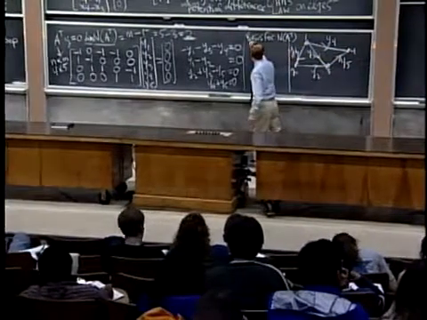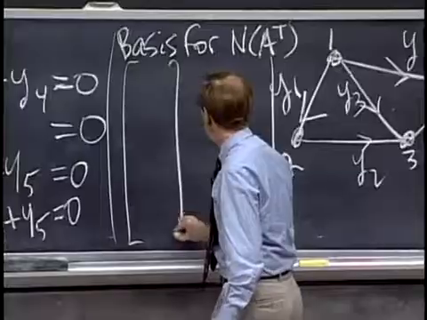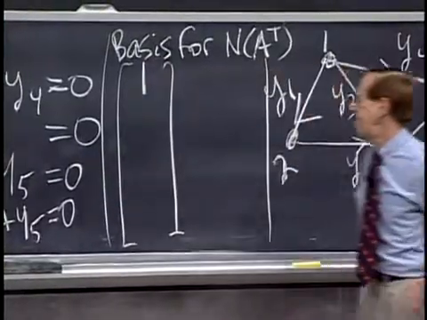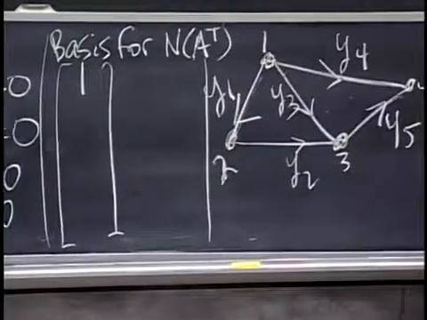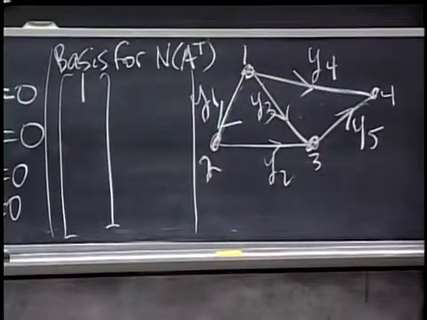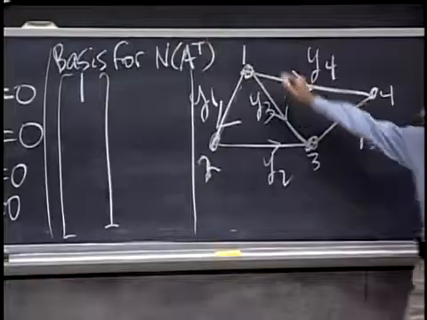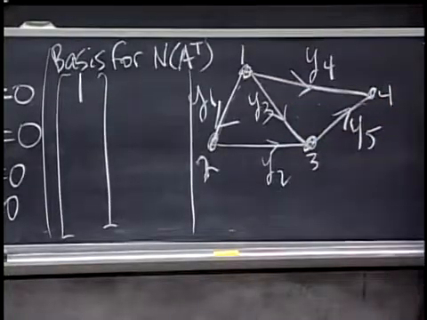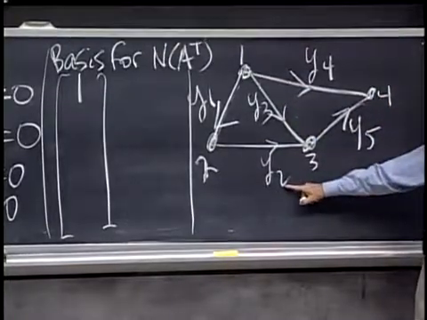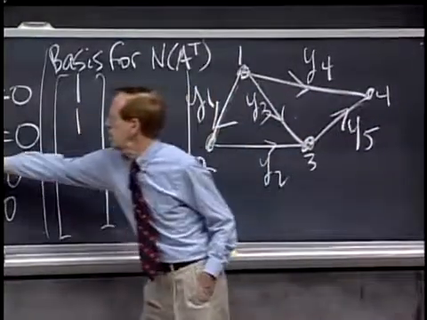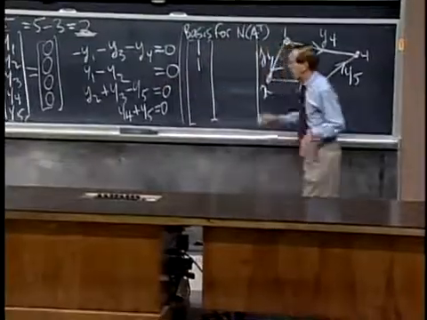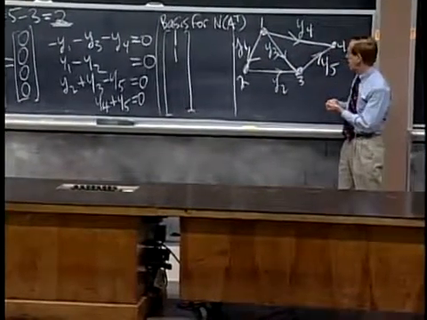Suppose, let me start with y1 as 1. So 1 amp travels on edge 1 with the arrow. Okay, then what is y2? It's 1 also, right? And of course, what you did was solve Kirchhoff's current law quickly in the second equation.